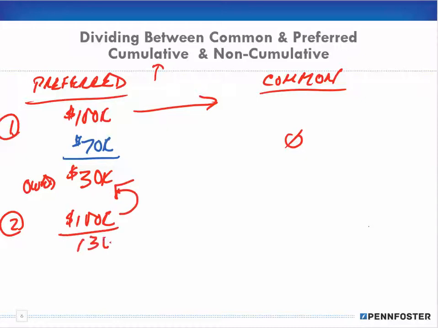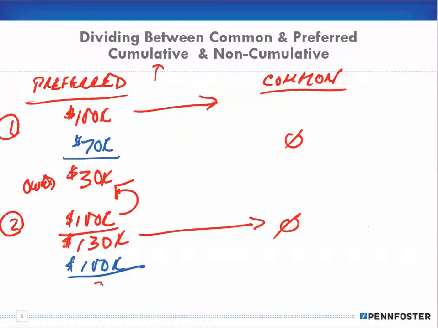So now preferred is owed $130,000. All right. Now, let's say the dividend declared is $100,000. Okay. Well, that means that common gets zero out of the 100,000. Why? Because the first 130,000 goes to preferred and anything left over goes to common.